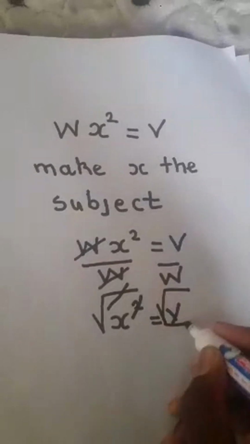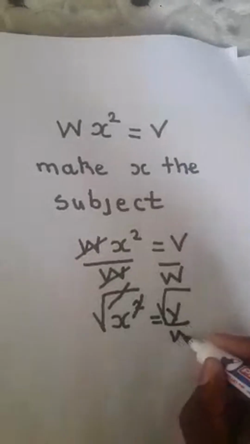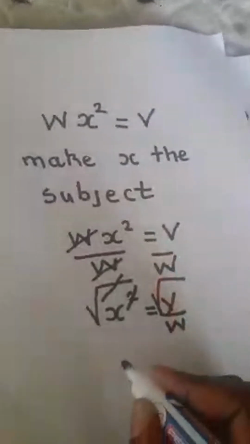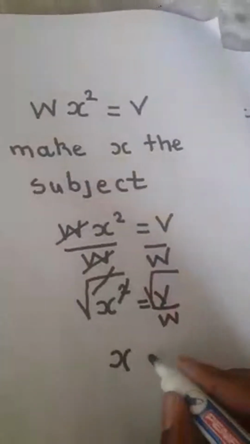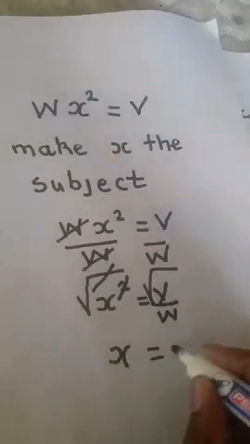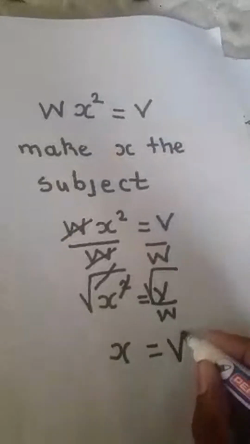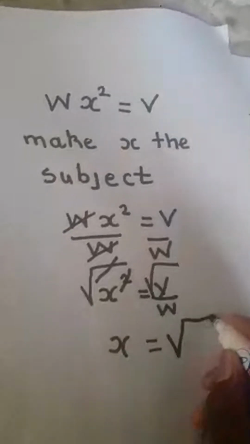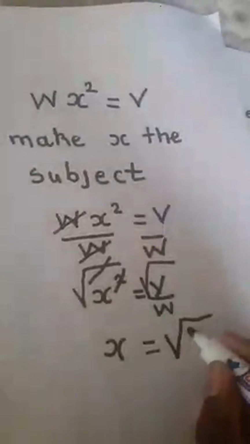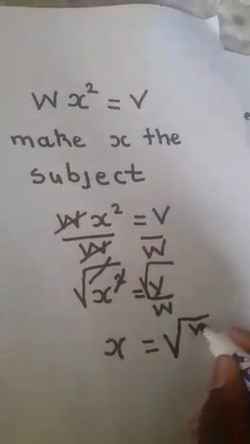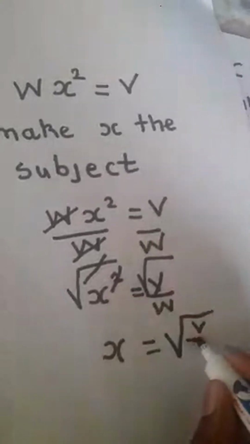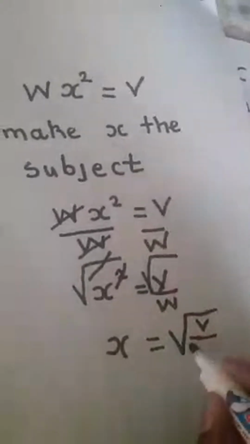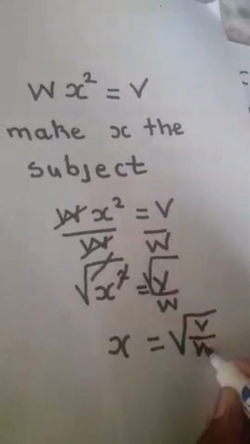It's over w here. So we are going to be left with x. x is equal to the square root of v all over w.